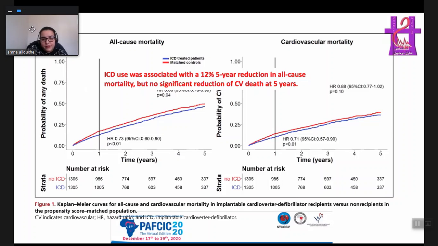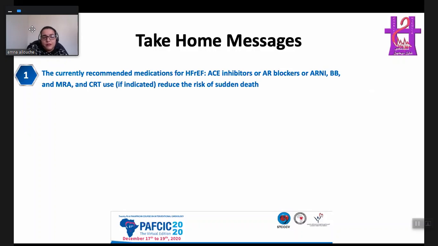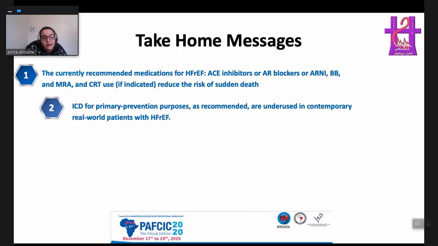no significant reduction. And finally, as a take-home message, the current recommended medication of heart failure with reduced ejection fraction, including ACE inhibitors, ARBs, ARNI, beta blockers, and MRA, and CRT use, if indicated, reduce the risk of sudden cardiac death.